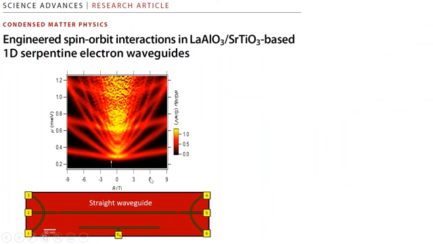So this map that you see here is an experimentally measured map of the ways in which electrons can flow in these straight or unmodulated electron waveguides. Each one of these dark regions here represents a state where we have either 0 lanes or 1 lane or 2 lanes of this electron highway.